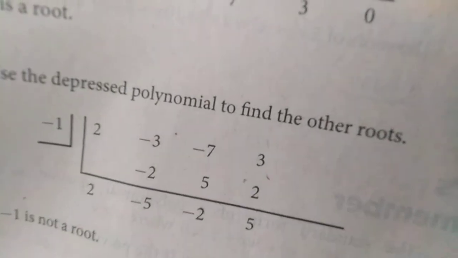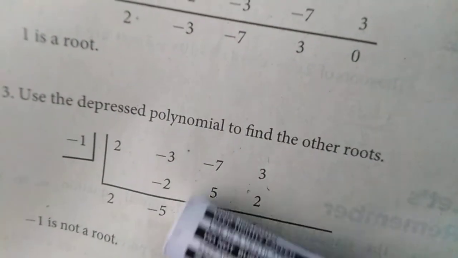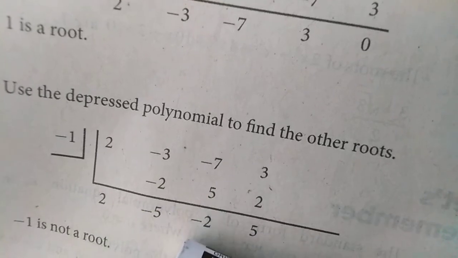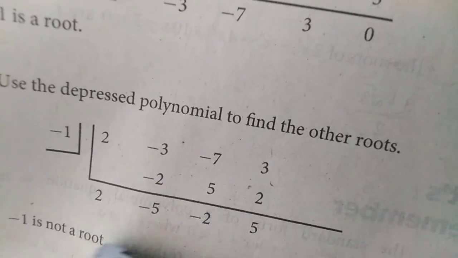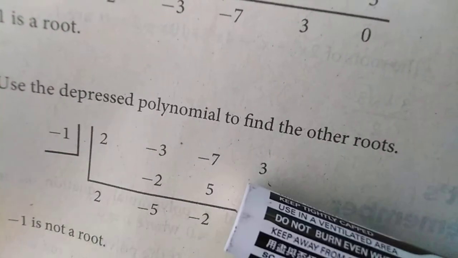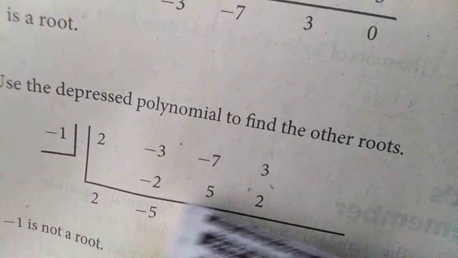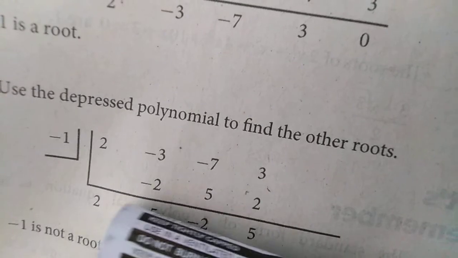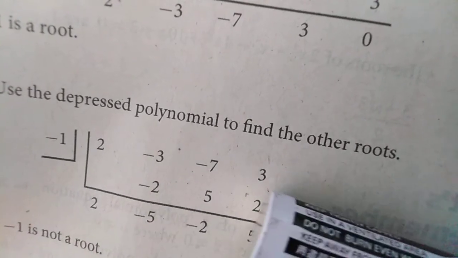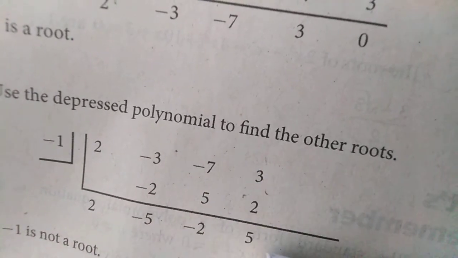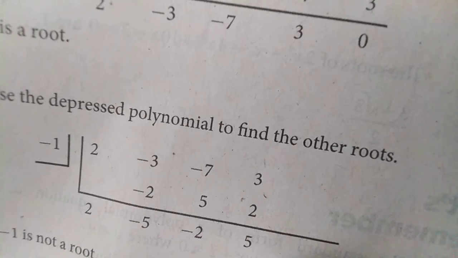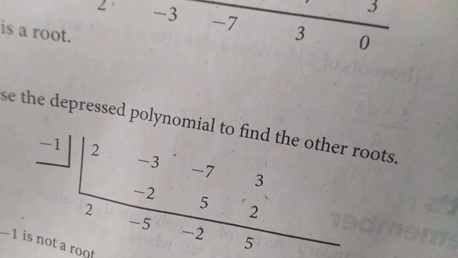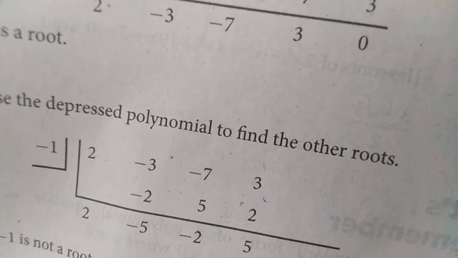Negative 3 plus negative 2 is negative 5. Then negative 5 times negative 1 is positive 5. Negative 7 plus 5 is negative 2. Negative 2 times negative 1 is positive 2. Then 3 plus 2 is 5. So our remainder is 5, not 0. That's why negative 1 is not a root.